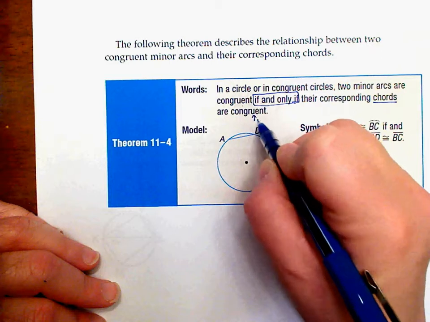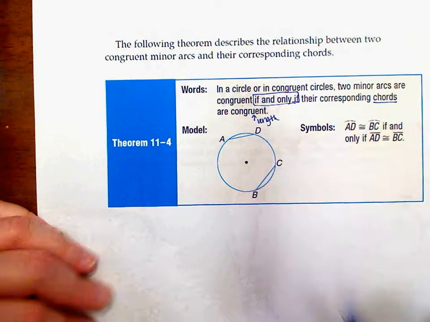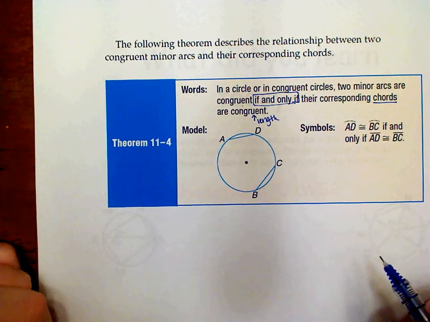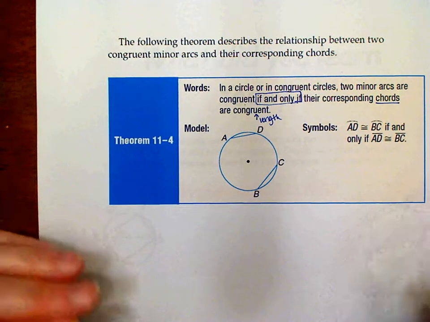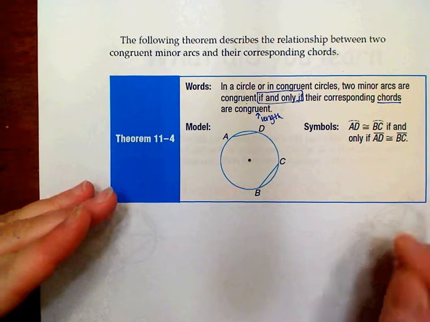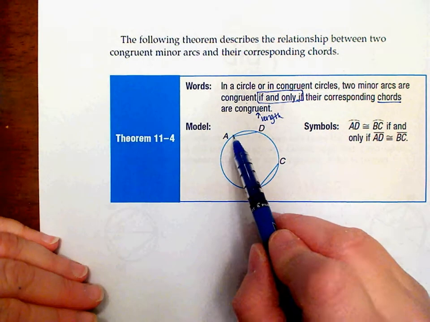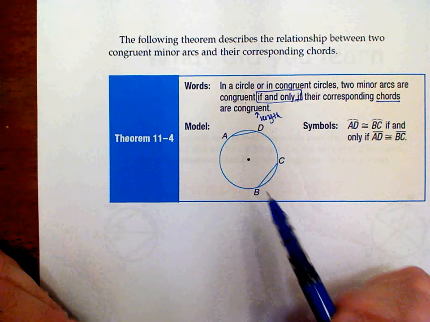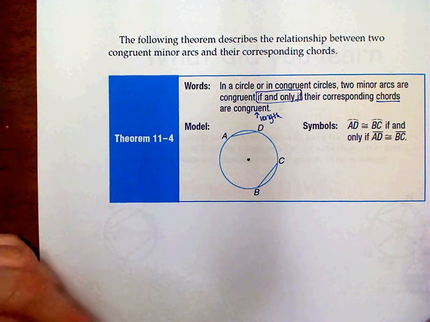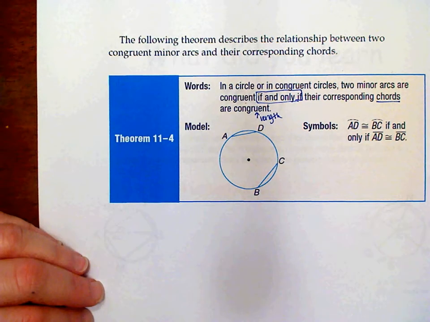not degree measure. So we've already talked about how two arcs can have the same degree measure and not be congruent. But if you have two chords that are congruent and they're in the same circle, then they have to be the same degree measure. Make sure that you keep that straight in your mind.